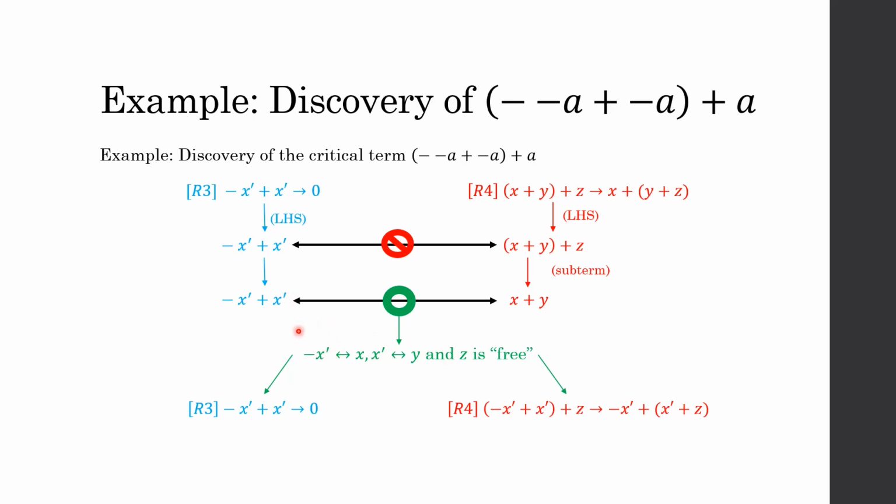If you just replace those, z will be free, because over here we never unified it. So we unify, replace this and this, and we render this as identical: y as identical to x prime, x as identical to negative x prime.